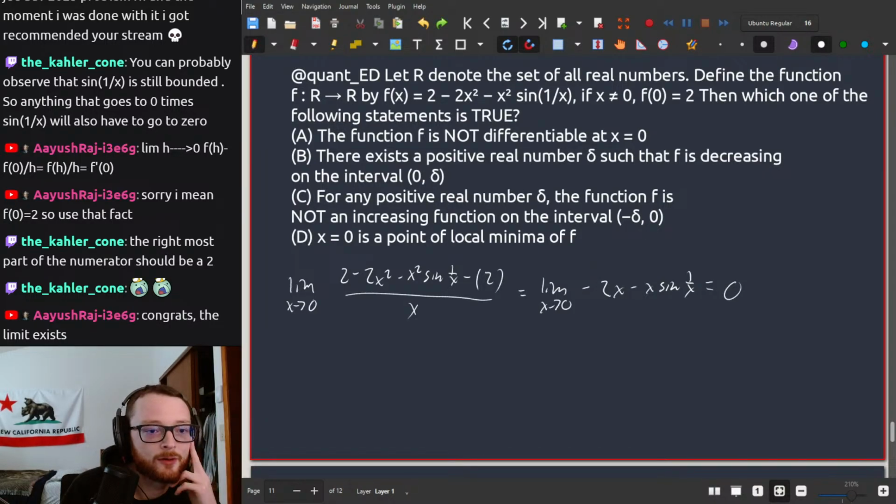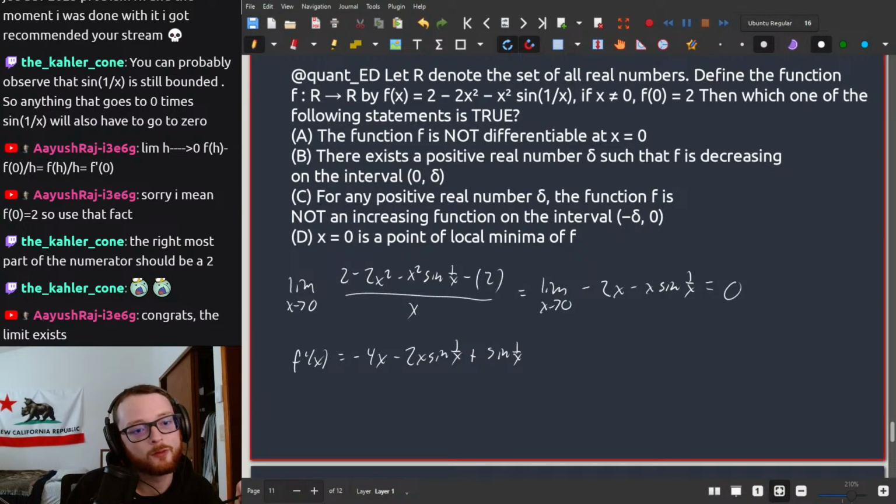I shouldn't have deleted the derivative. Or no, I never took the actual derivative. F prime of x is minus 4x minus 2x sine 1 over x plus sine 1 over x.